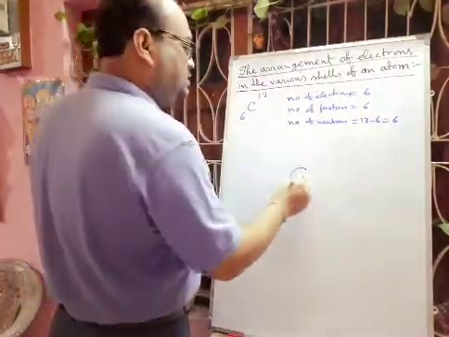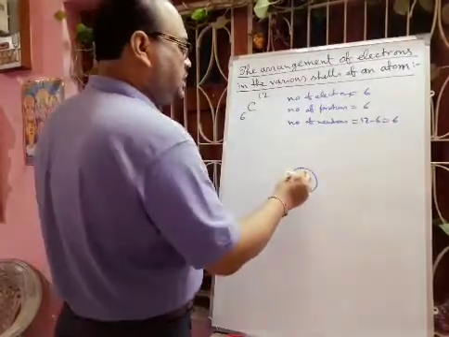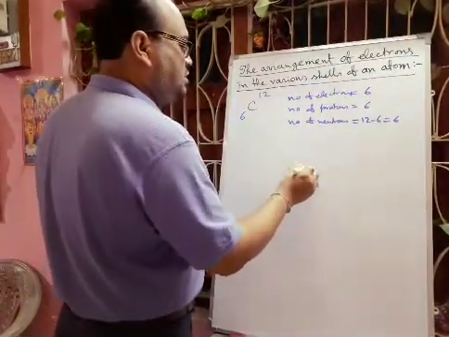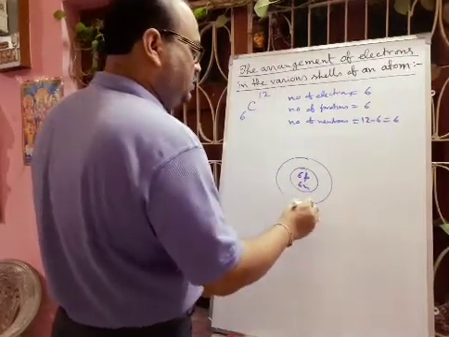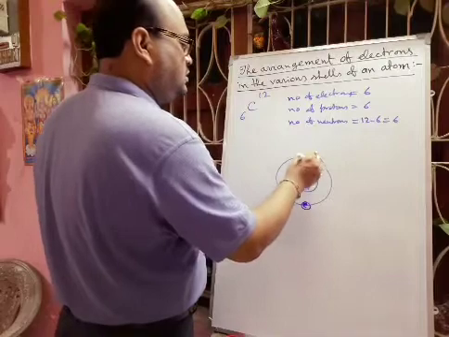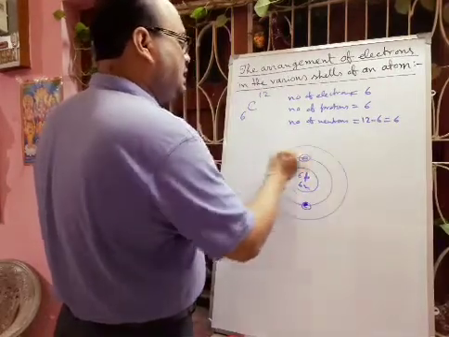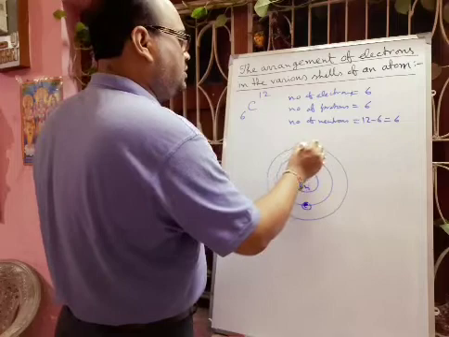If this is the nucleus of carbon, inside the nucleus there are 6 protons and 6 neutrons, and outside in the K cell there will be 2 electrons, and in the L cell there will be 4 electrons.